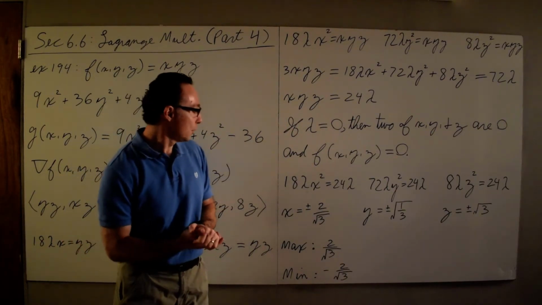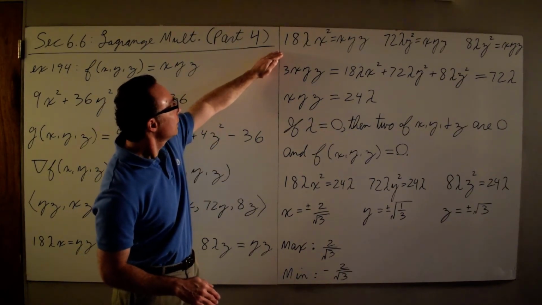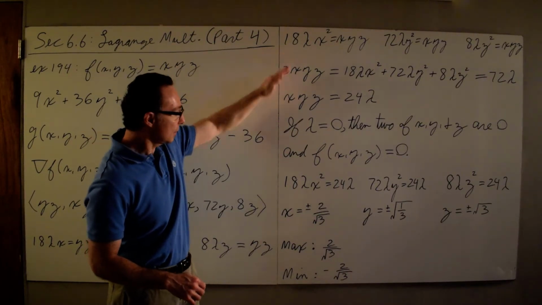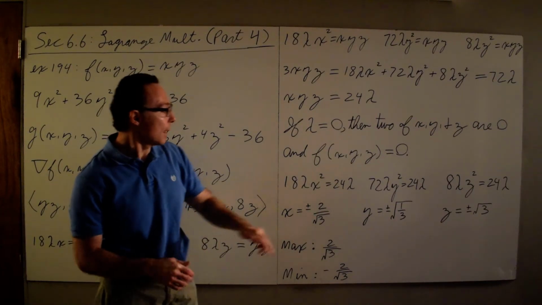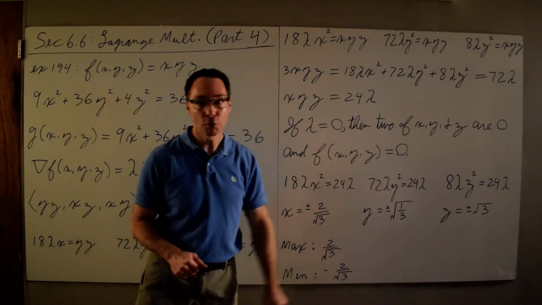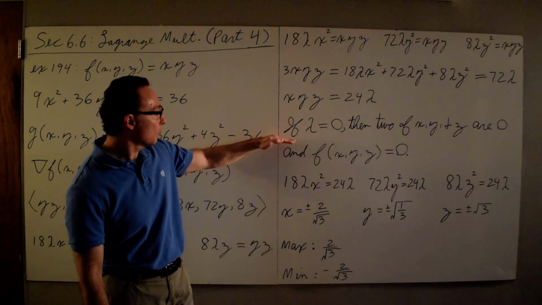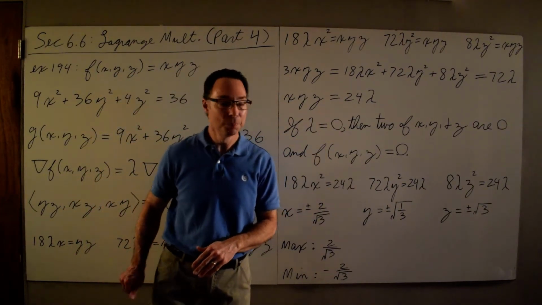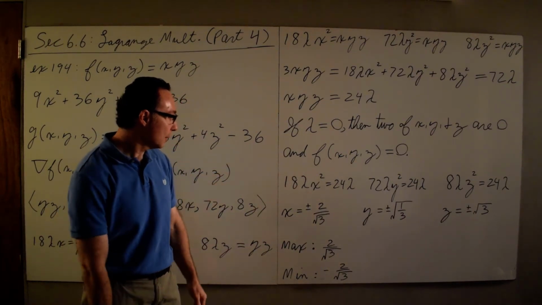So let's go back to these equations. We have 18λx² = xyz, and we now know that xyz is 24λ. Go back to the second equation; again, we know that xyz is 24λ. The same thing for the third equation. We're assuming at this point that lambda is not 0, because if it is, we know what will happen. So we divide by lambda.